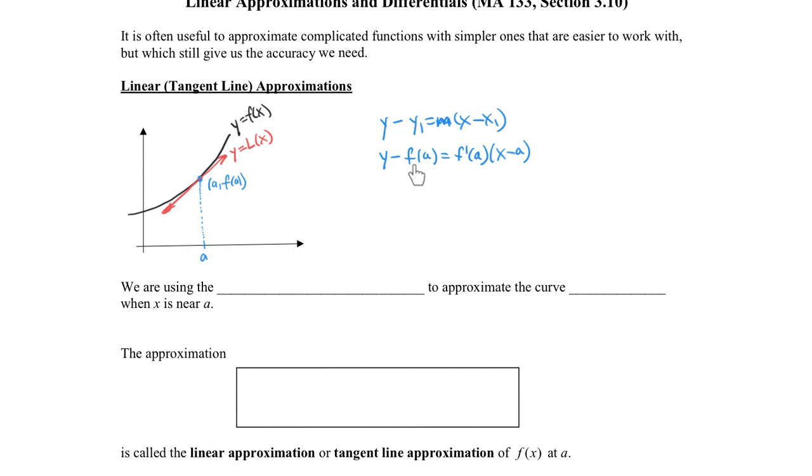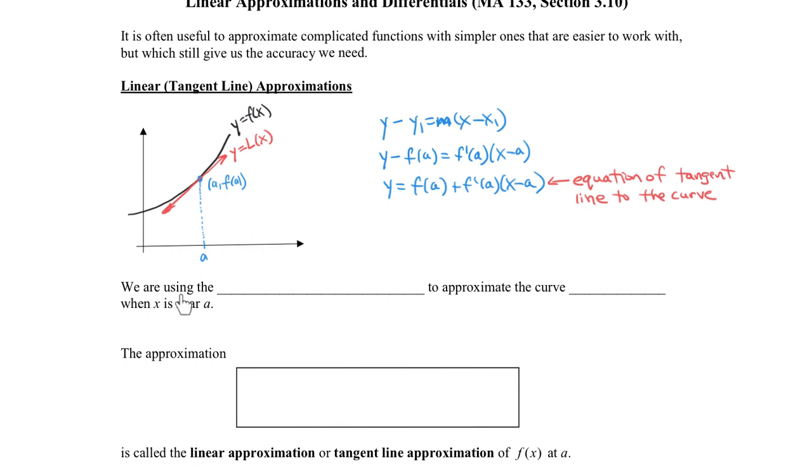If I add f of A to each side of the equation, we get y equals f of A plus f prime of A times x minus A. And this is the equation of the tangent line to the curve. It's the equation of this red tangent line to the curve.